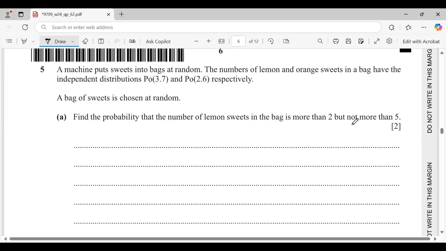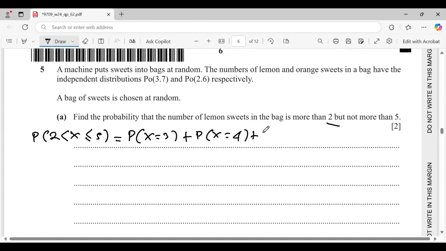Based on this statement, we are going to find the probability that X is greater than 2 and less than or equal to 5. And it is the probability X equal 3 plus the probability X equal 4 plus the probability X equal 5.